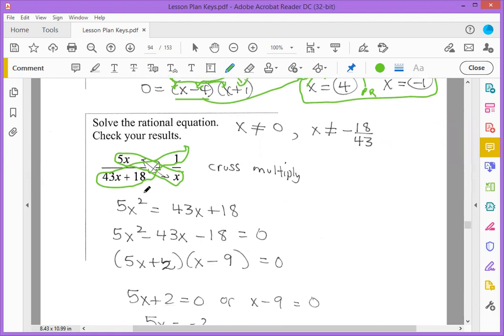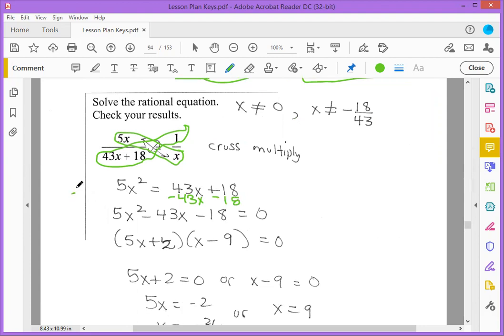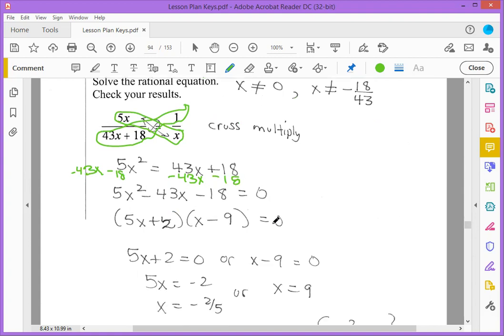We're combining our terms on the left side of this equation. So we're going to subtract 43x and subtract 18 from both sides of this equation. And when we do that, we'll get on the left side 5x squared minus 43x minus 18 equals 0.